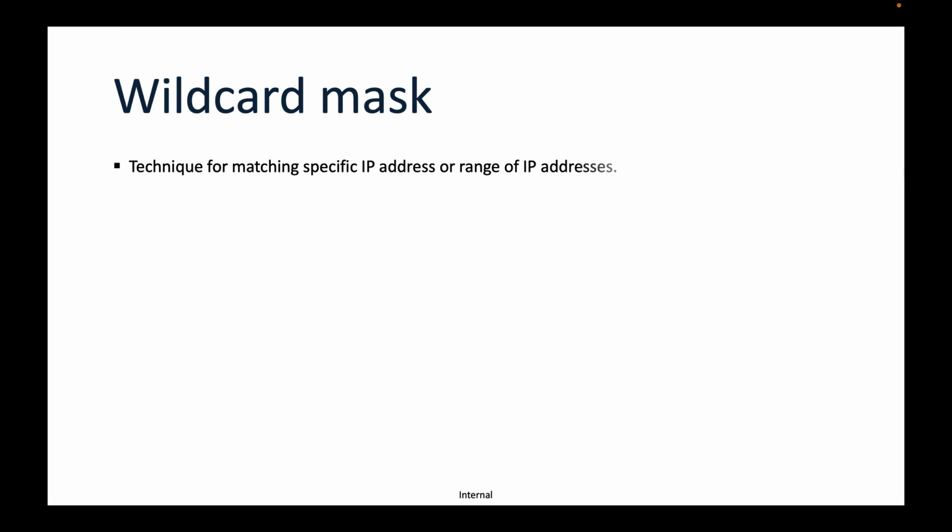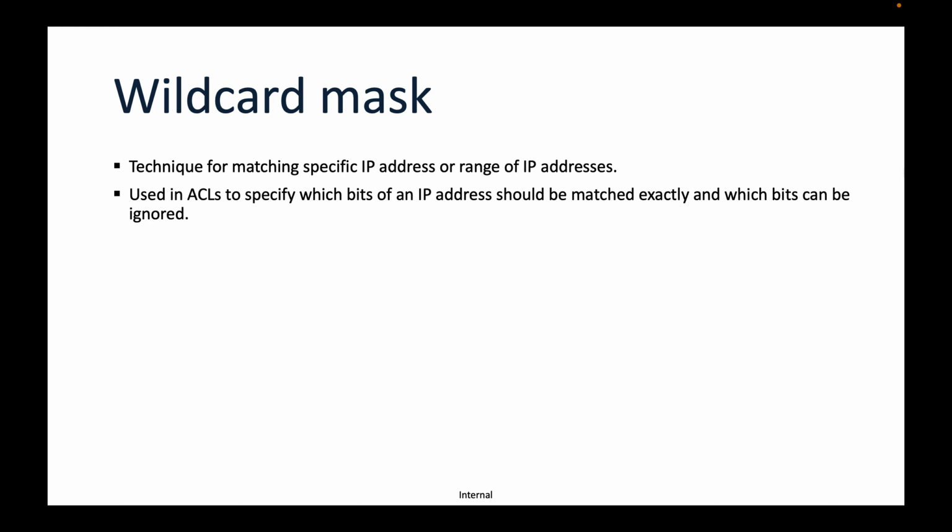A wildcard mask is a technique for matching a specific IP address or range of IP addresses. Wildcard masks are used in ACLs in networking to specify which bits of an IP address should be matched exactly and which bits should be ignored. So wildcard mask plays a crucial role in defining IP address ranges in ACL.